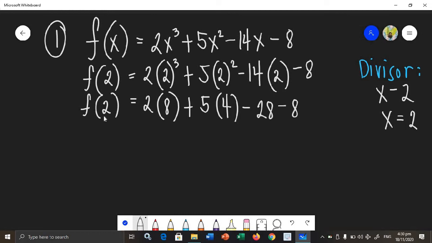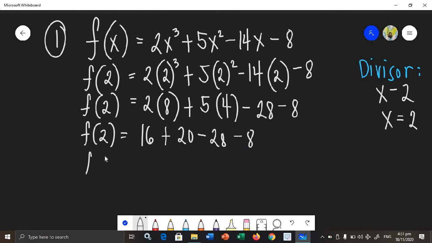So minus 8. And then f of 2 is equal to, we need to get rid of the parentheses, so we should multiply. So 2 times 8, that is 16, plus 5 times 4, that is 20, and then minus 28 minus 8. And then here, for us to compute this, we need to solve continuously.